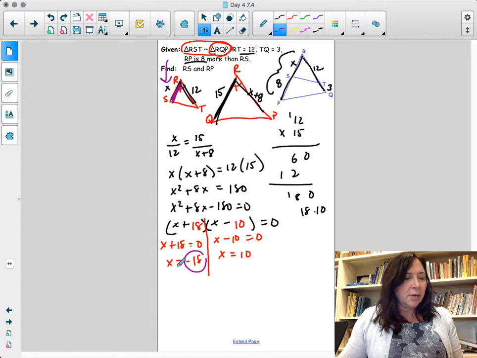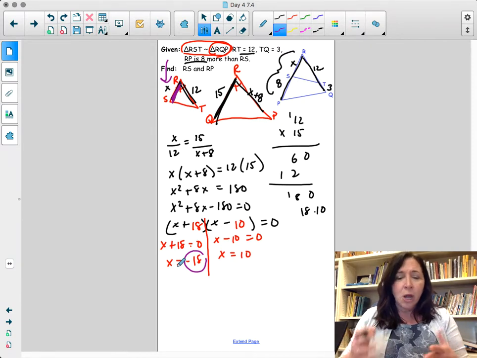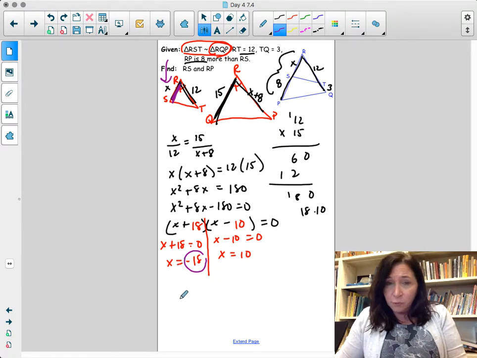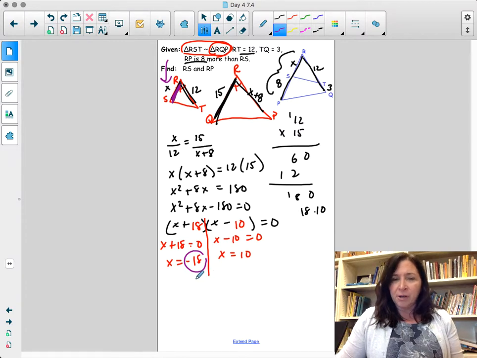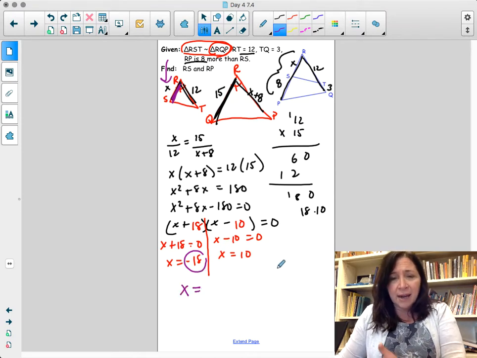You know, in algebra, you would say, it's quadratic, you've got to have two answers. Your teacher would say, you have to have two answers because it's quadratic. But in geometry, you do have two answers because it is quadratic, but not both of them are going to be correct. They're not both going to work because what you have here is a negative length, but you have to show that you did get that answer.